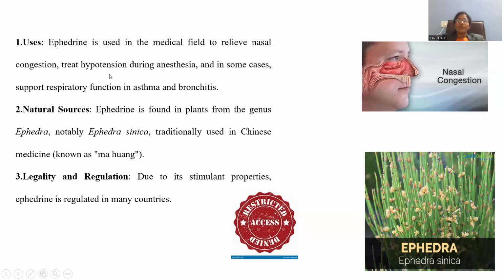And it treats hypotension, right? Just now we discussed low blood pressure, which is regarded as hypotension whenever the 120/80 level is reduced. Any level lesser than that is regarded as hypotension. This hypotension is commonly observed whenever people are subjected to anesthesia in surgery conditions.